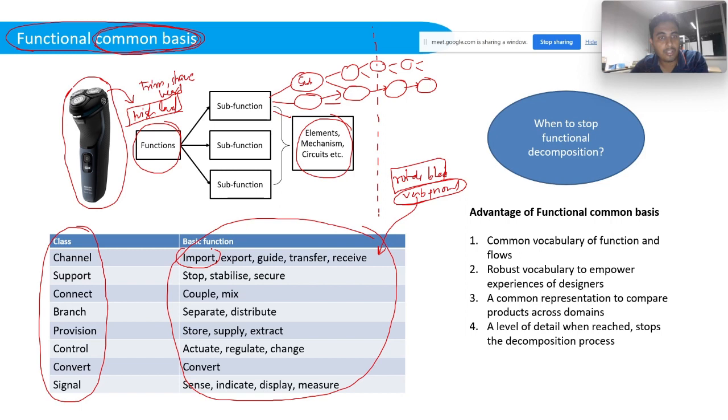Okay, see, we use something called convert. So we have something already existing, convert. That means we actually reach a level. After that, we have the connection with the input electrical energy. Okay, so till this level we generally do the functional decomposition. So these are the lowest level sub function verbs that we can use for functional decompositions.